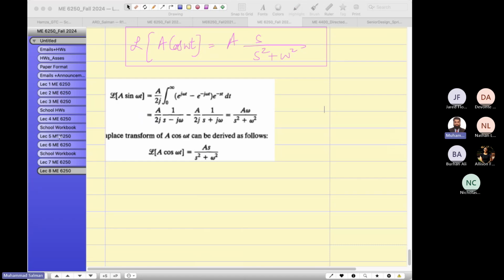Then some more theorem. By definition, you can translate the function or delay it by a certain time.